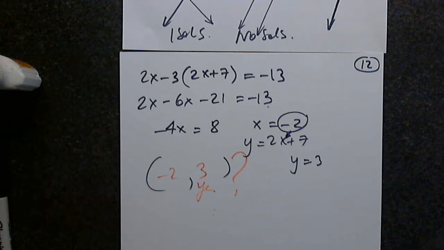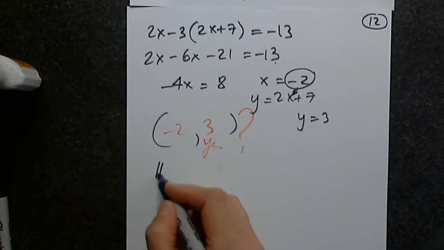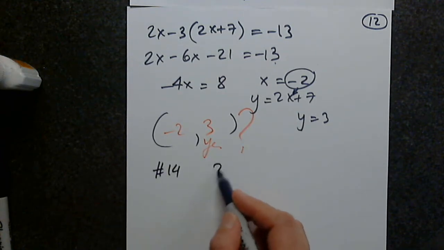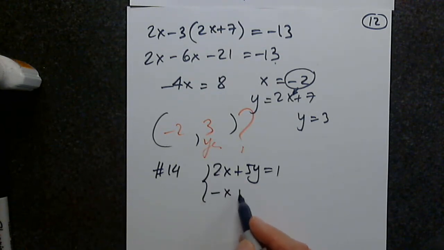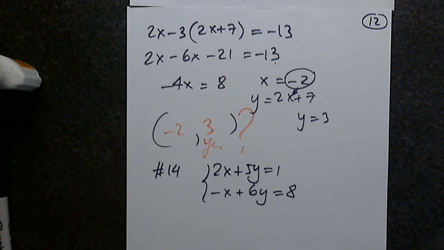Okay, this was substitution. But I would still like to look at number 14 on the same page: 2x plus 5y equals 1 and negative x plus 6y equals 8. If I want to use substitution on this problem, I have to solve either equation for the variable that has a coefficient of 1 or negative 1.